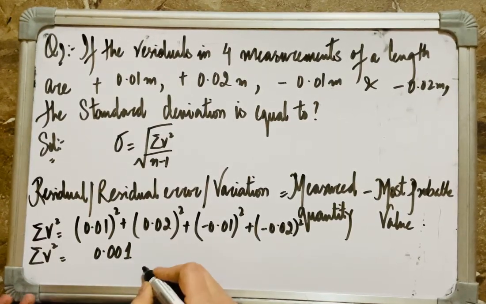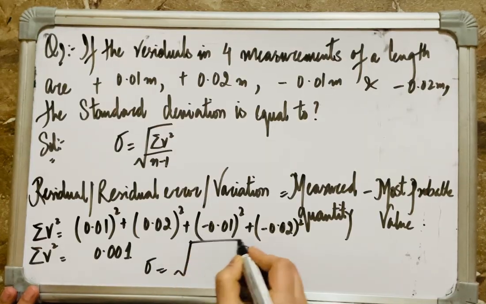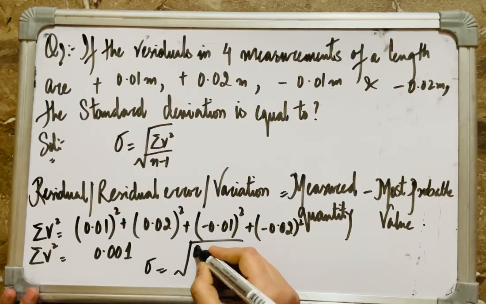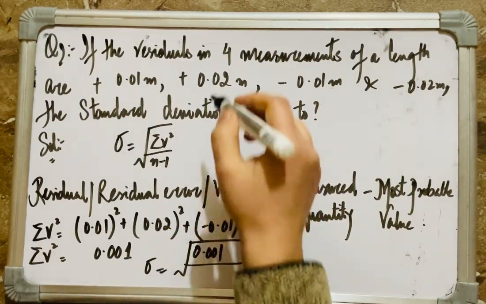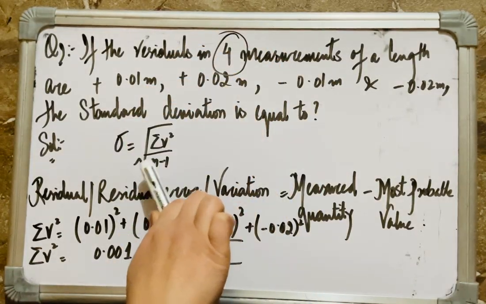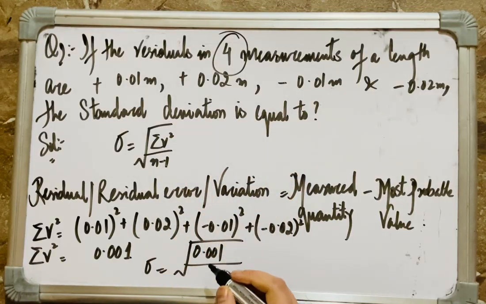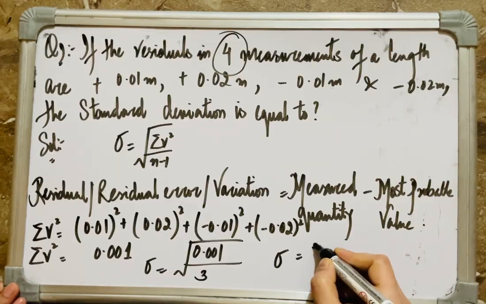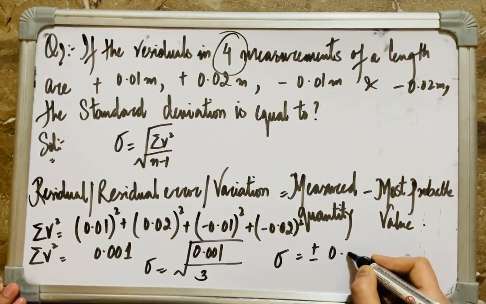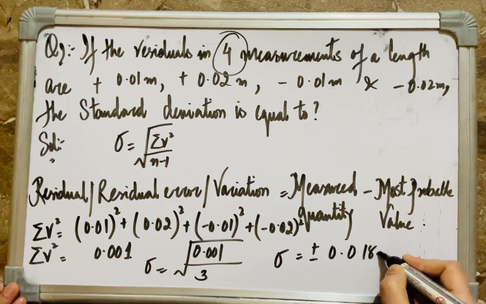So my standard deviation is equal to square root of summation of v square, that is 0.001, divided by n minus 1. How many measurements? 4. So n is 4, n minus 1 is 3. So standard deviation is equal to plus minus 0.018 meters.